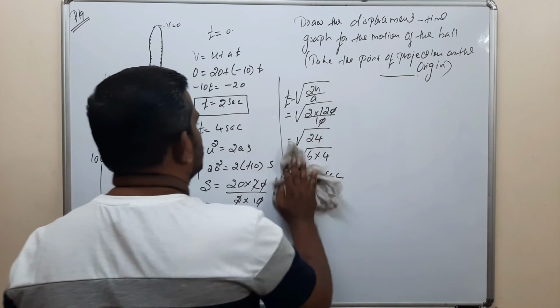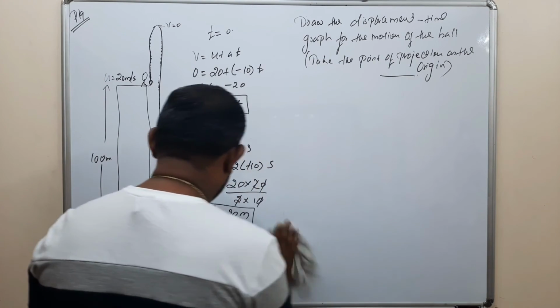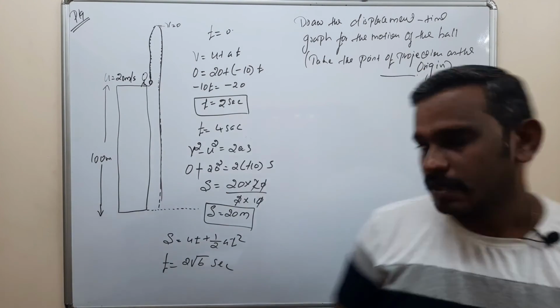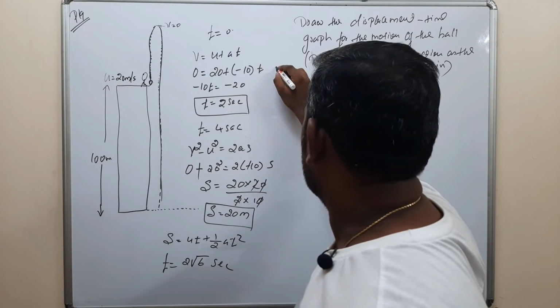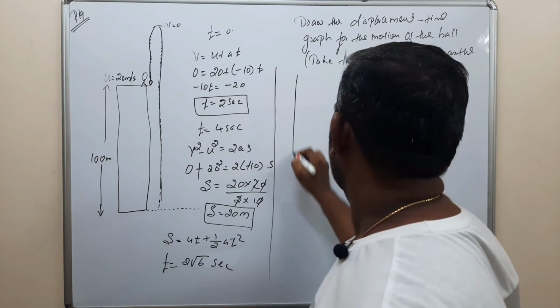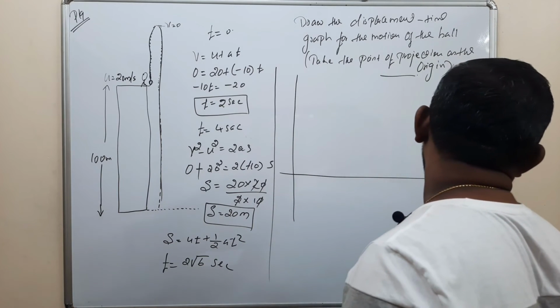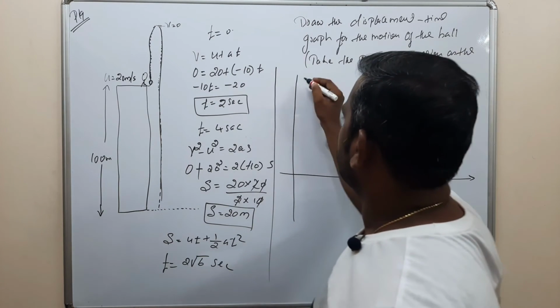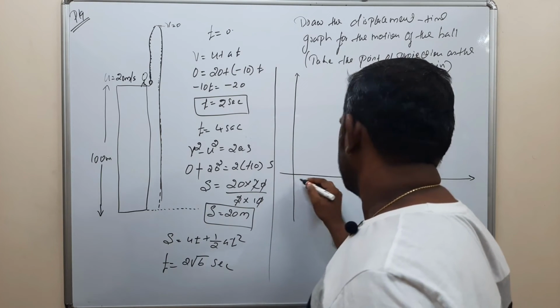So now we can draw the displacement time graph. At time t is equal to 0.